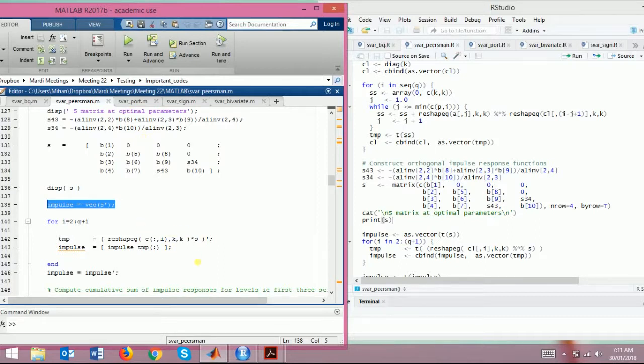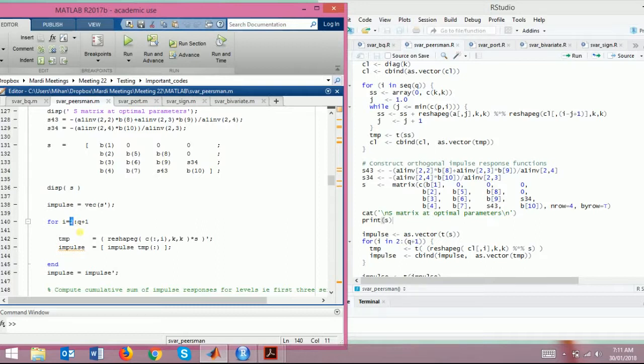We have a VAR2 system here, so I equals 2 to h, which is q plus 1. Why? Because q equals h minus 1, q plus 1 equals h. Very simple.